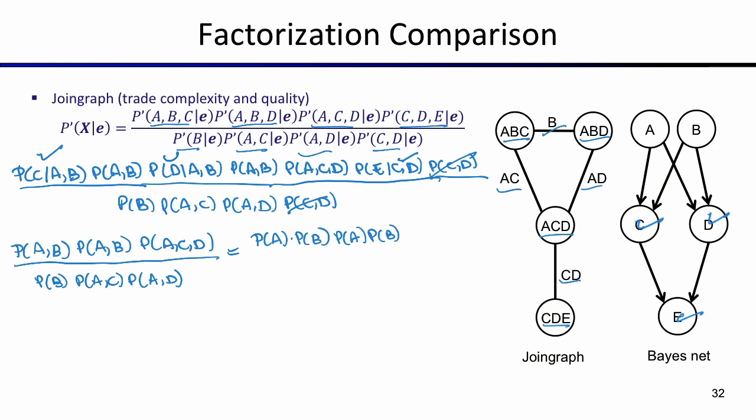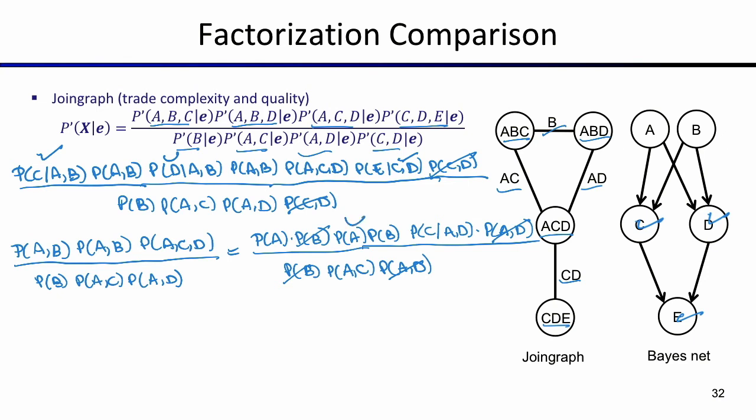I want to cancel it with something in the denominator, so I write this as the probability of C given AD times the probability of AD. Right, so I have this, and we have this in the denominator: probability of B, probability of AC, and probability of AD. And we can cancel this, and cancel this. We still need to explain.